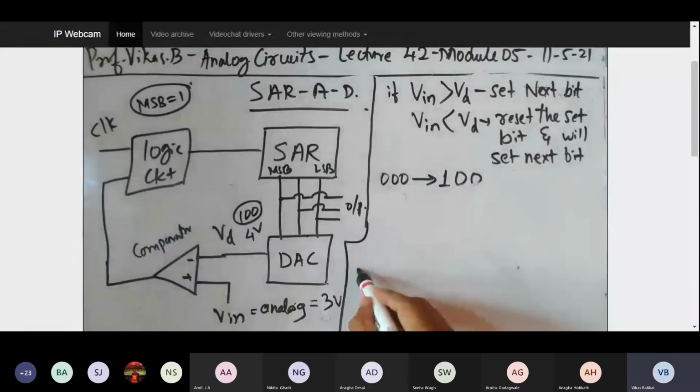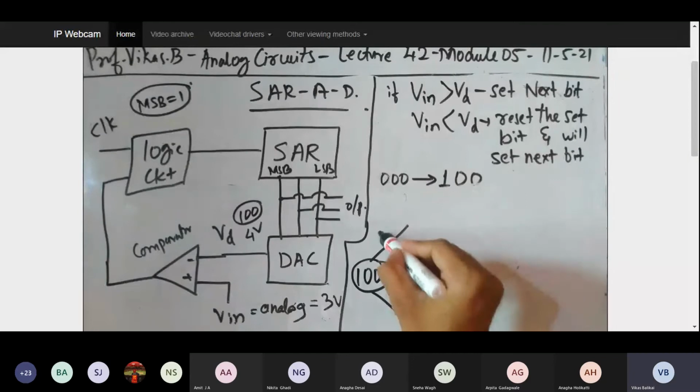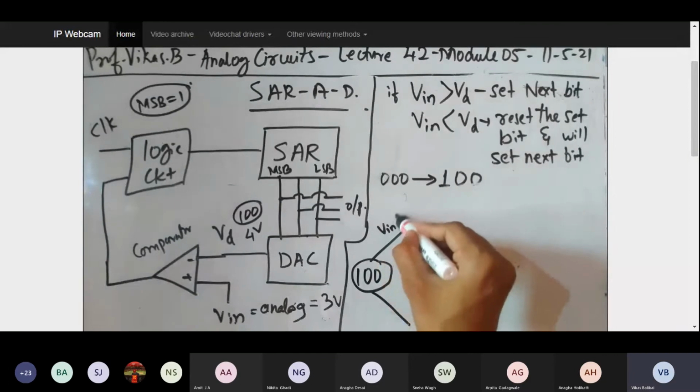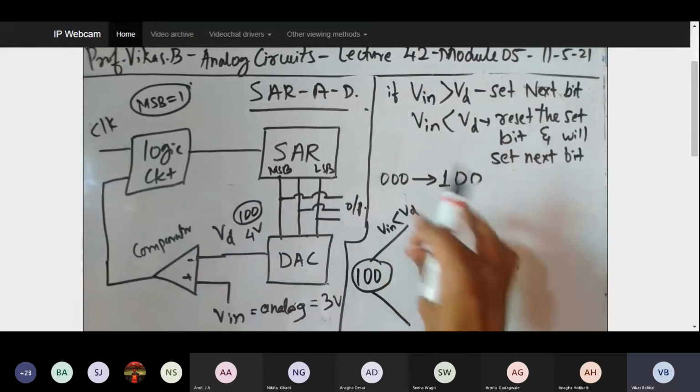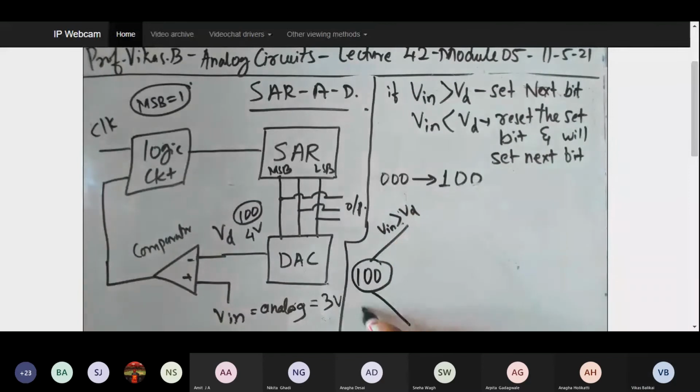My first condition was 1 0 0. Here it was Vin greater than VD. Here it is Vin less than VD.